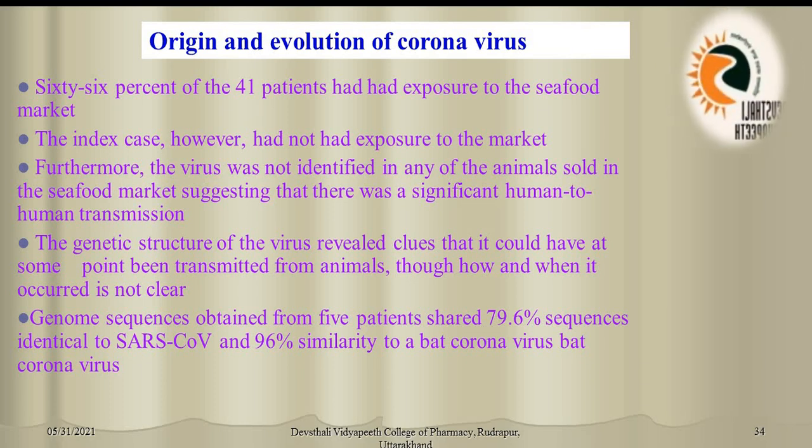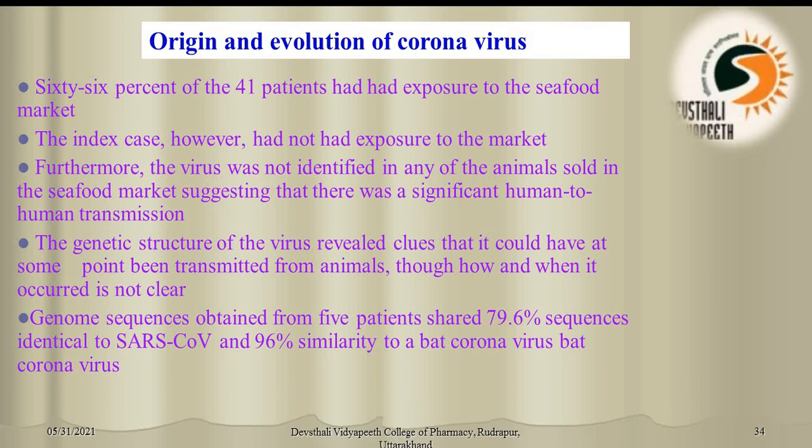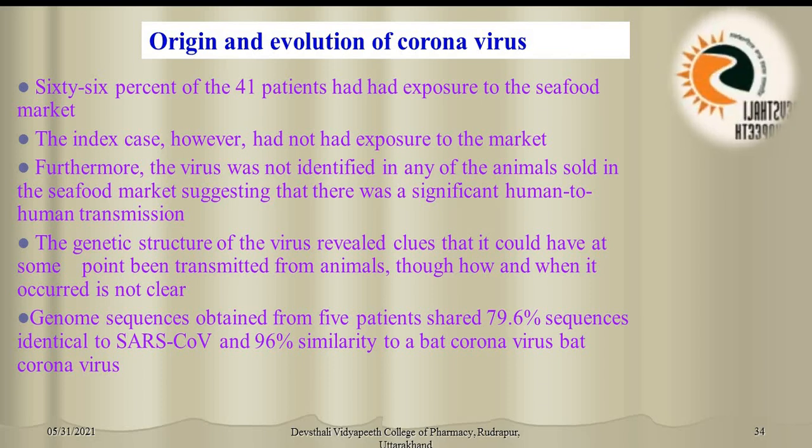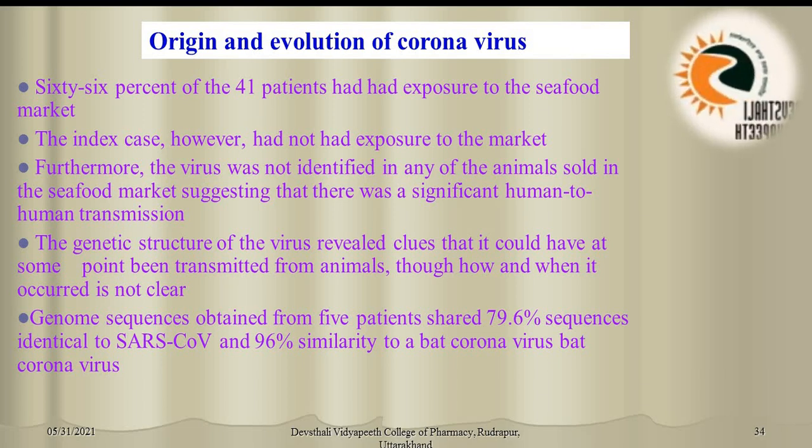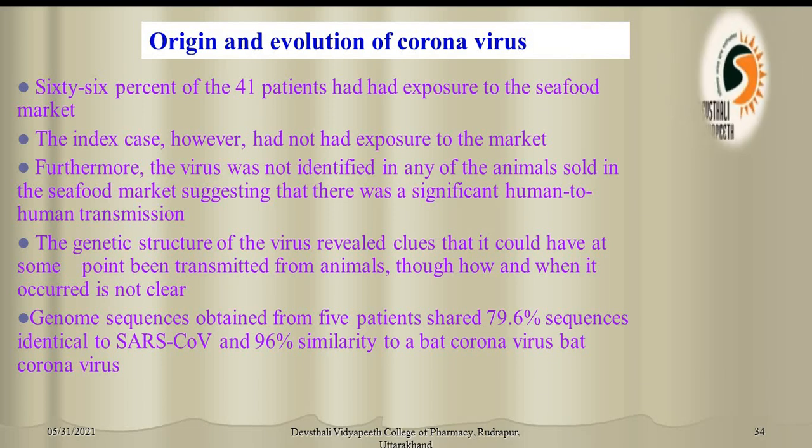This suggested that there had been significant human-to-human transmission also. After that, the genetic structure of the virus revealed a clue that at some point it was transmitted from an animal, but how and when is not clear yet.